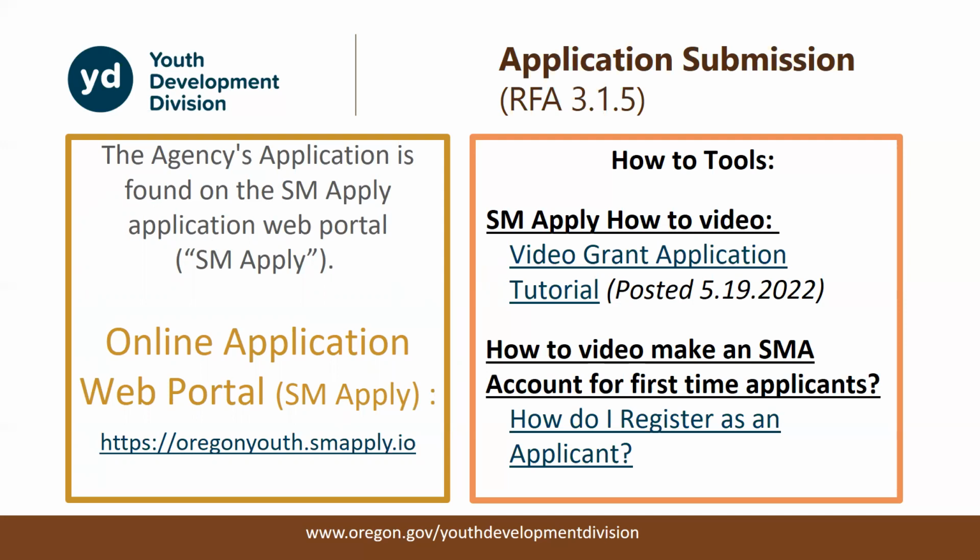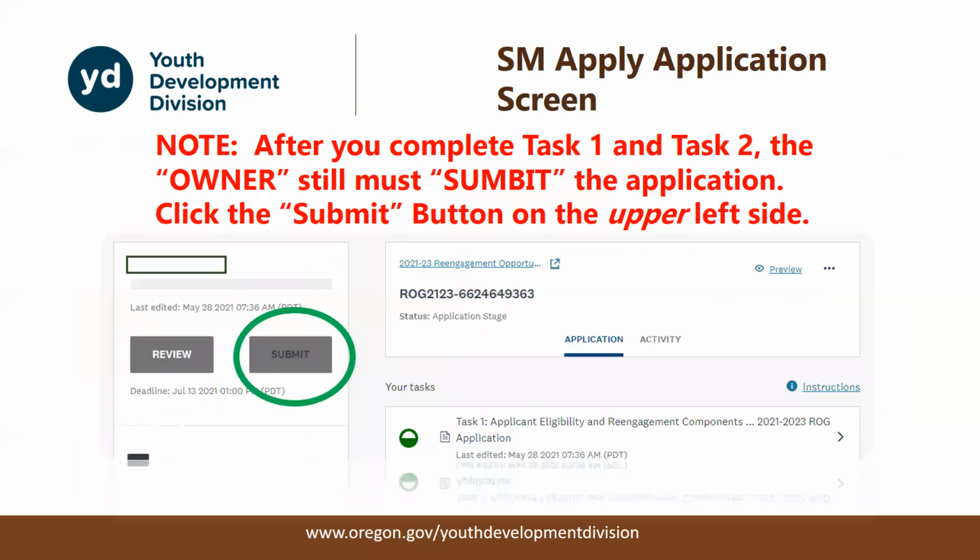So we do strongly encourage that you watch that video as well. And for anyone who has never had a SurveyMonkey Apply account before, we have also provided a link with the RFA materials on our website about how to apply for a SurveyMonkey Apply account for first-time users. So please do look at these resources along with the RFA materials on our website.